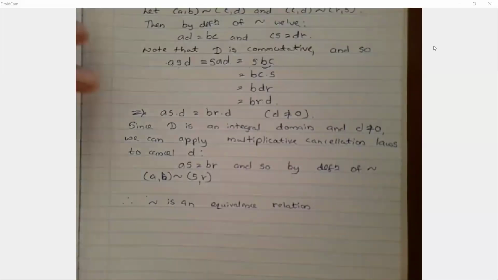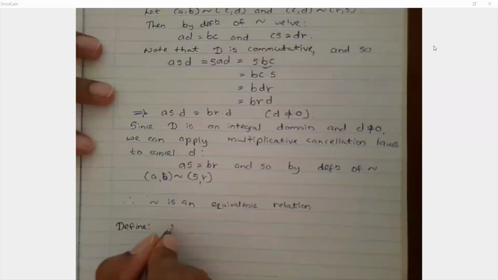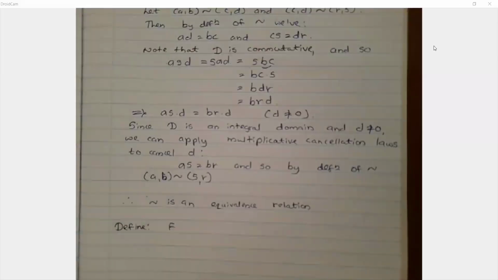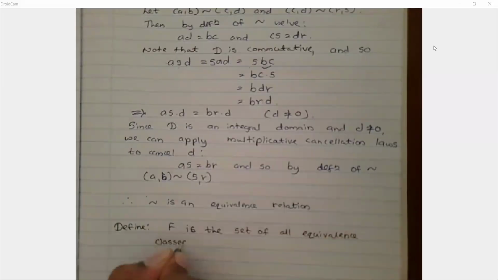So let me define F, the field of quotients containing the integral domain D, to be the set of all equivalence classes, where for an element AB, this denotes the corresponding equivalence class.